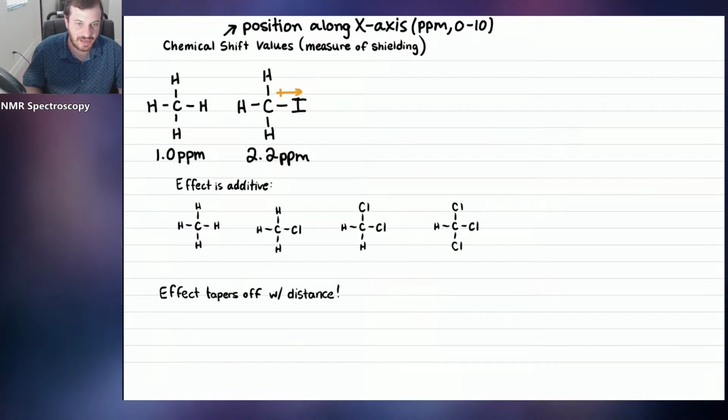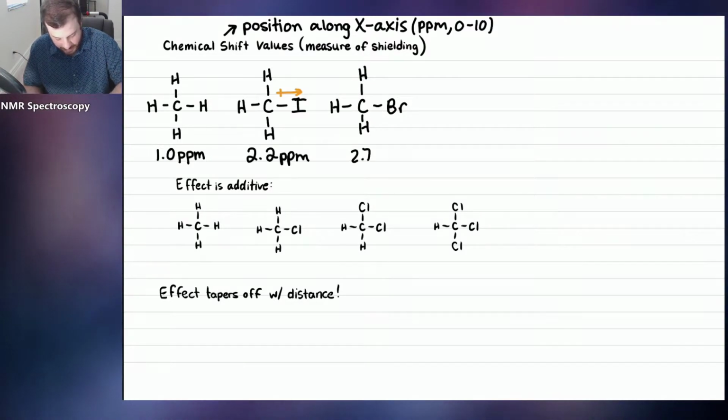Now let's replace the iodine with a chlorine, or let's do bromine first, which is a little bit more electronegative than iodine. So if we replace the iodine with bromine, we should expect even more deshielding because bromine is more electronegative. And indeed, the value is now 2.7 ppm. It increased because the hydrogens are even more deshielded, because even more electron density is sucked away from them by the electronegative atom.